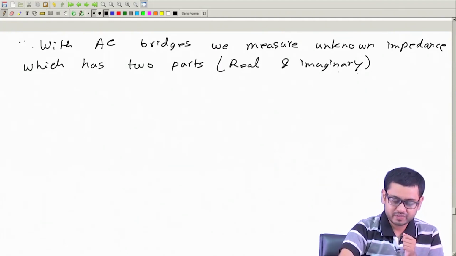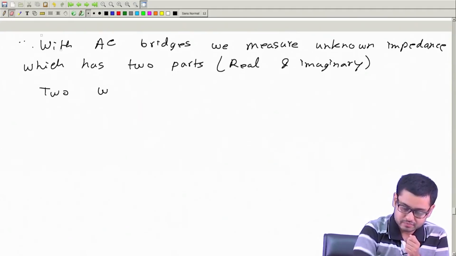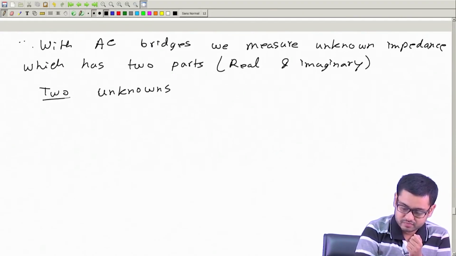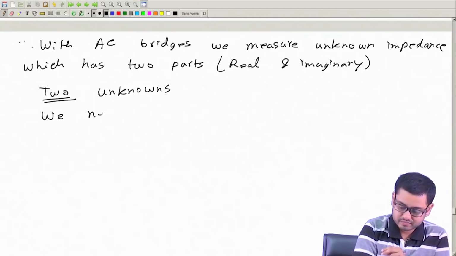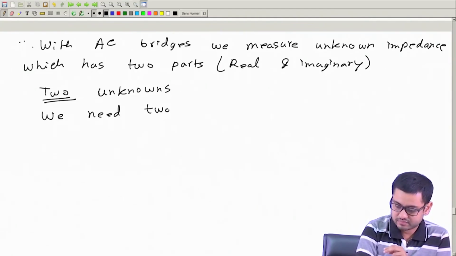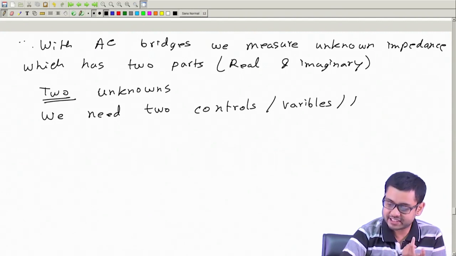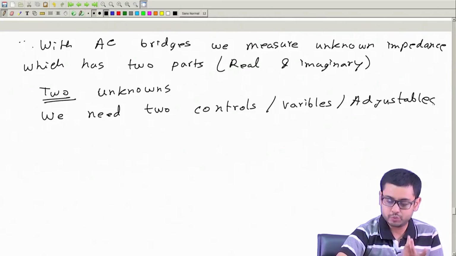So, it has two parts, two unknowns. Therefore, we need at least two controls or two adjustables to get the balance. Okay, at least two.